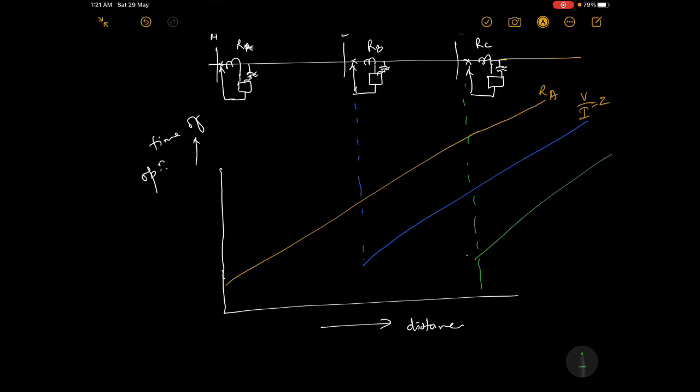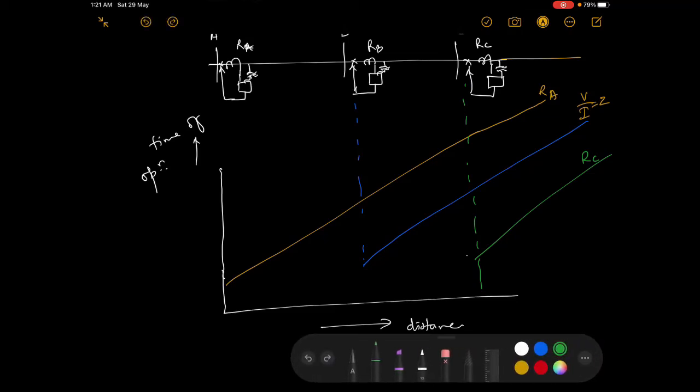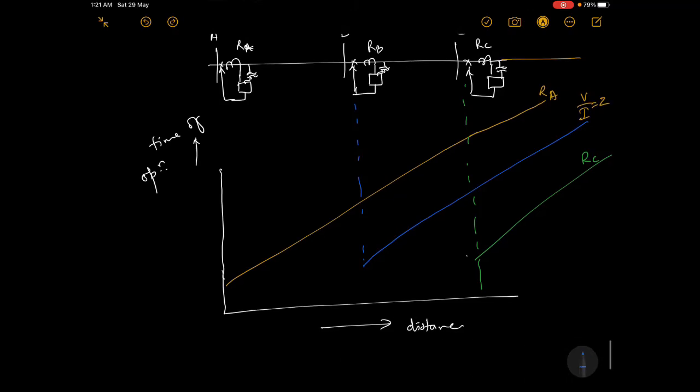Do you agree that it will have these characteristics? Okay, so this is RC and this is RB.